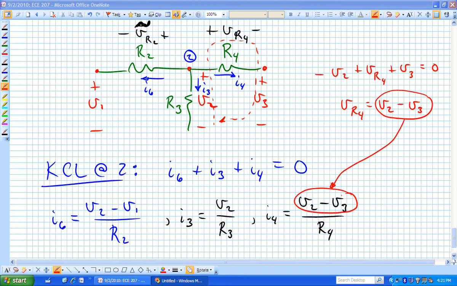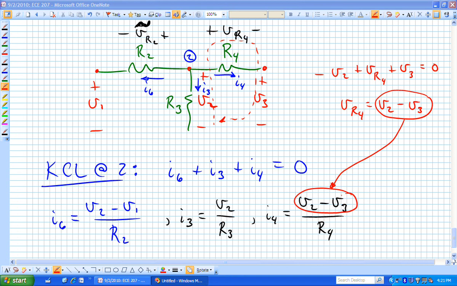The first thing we did was we labeled our nodes, or found our nodes. We labeled those with node voltages. Then we wanted to write KCL. We are now labeling some currents on the diagram just for bookkeeping purposes, just to keep us organized. What we may do on the next node is draw another current going from right to left through R sub 4. And that's okay.